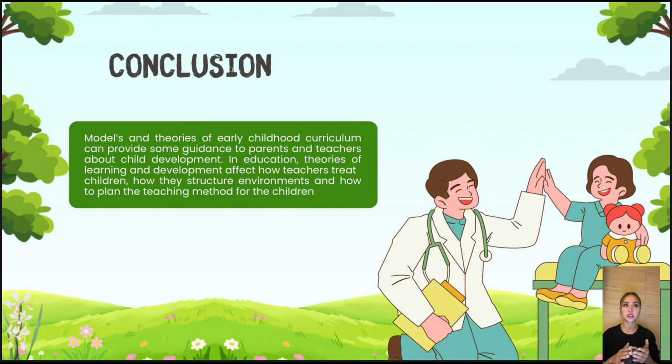Some children are more suited to Montessori approach schools. Some students are more suited to Reggio Emilia approach schools, and some might be suited to the High Scope model approach as well.